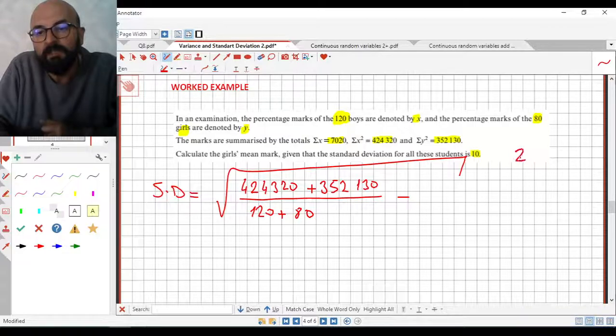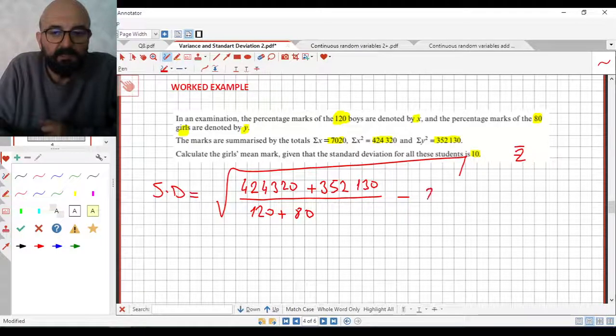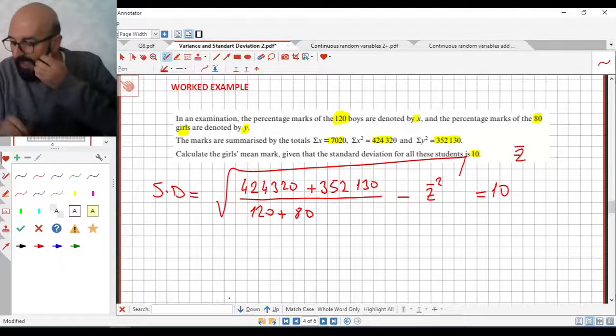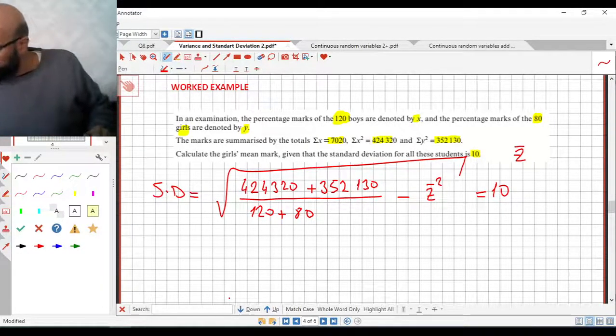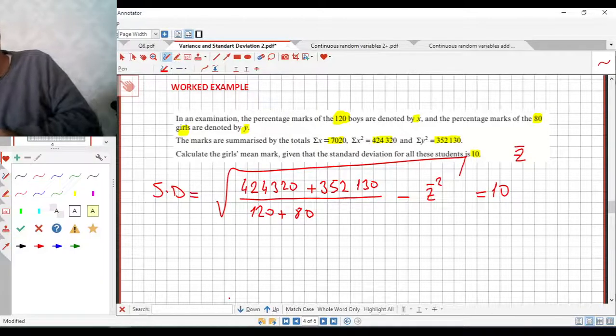Let our mean be z, so z square, and the standard deviation is 10.